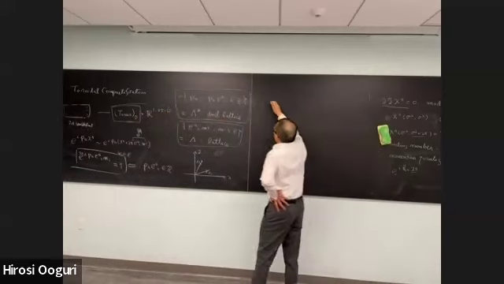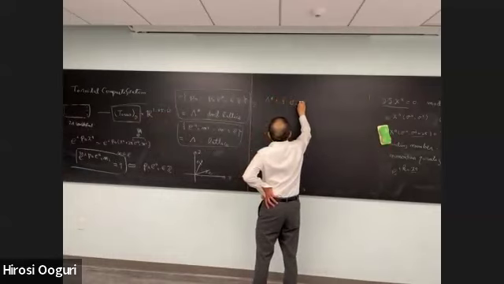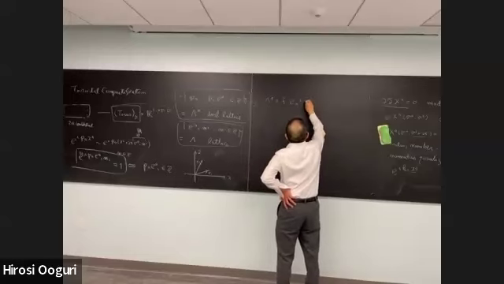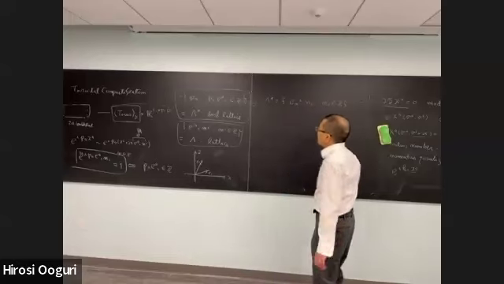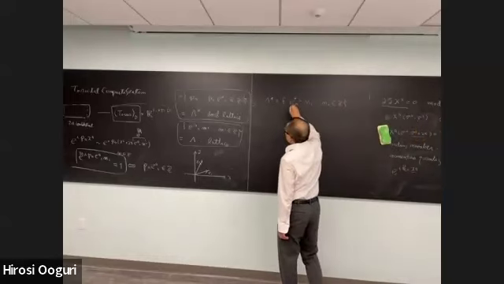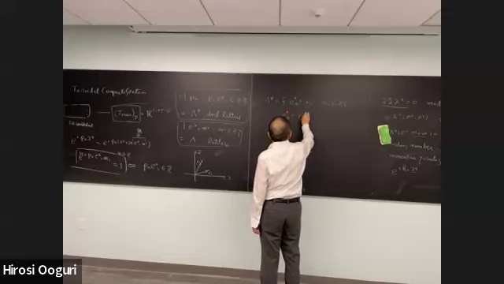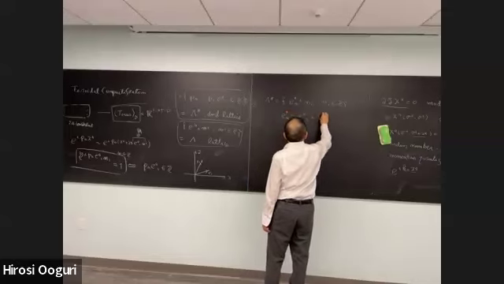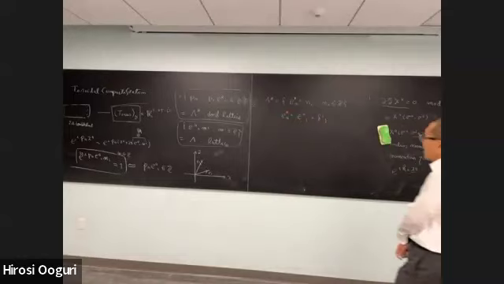You should always be able to write this as a linear combination of E_i with n_i, where n_i is an integer. Then you can ask what property this dual basis should satisfy. The obvious condition is that E_i star dotted with E_j is delta ij, and you can choose that as a condition.